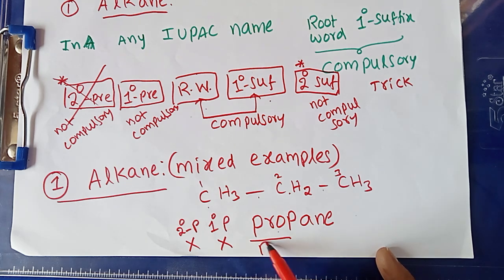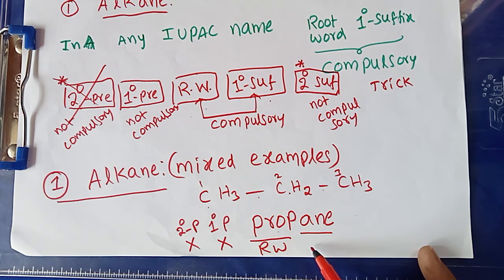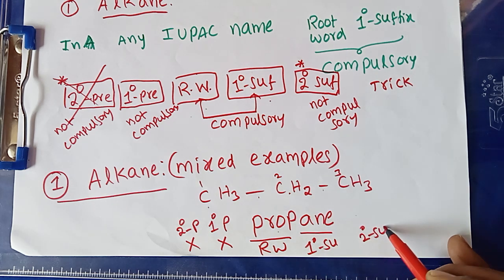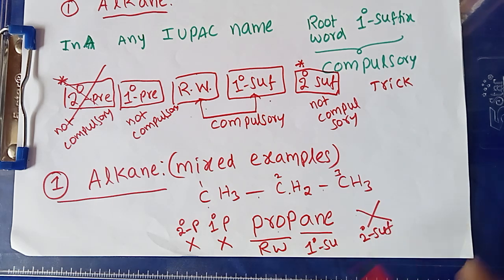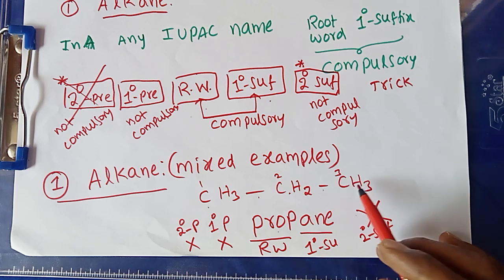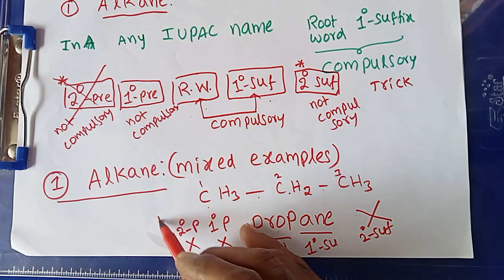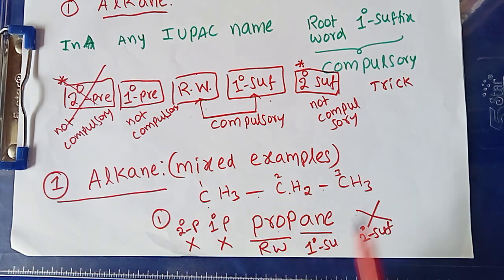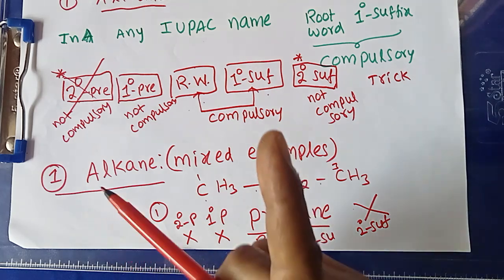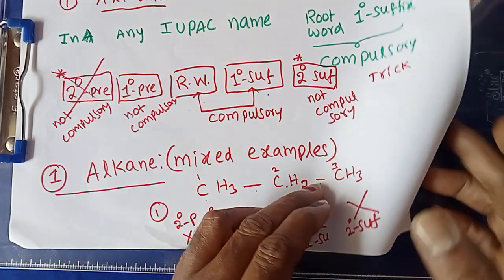Prop is the root word, ane is the primary suffix, and secondary suffix is not present because there is no main functional group. This is example 1. This is the way to practice IUPAC names. Only one example completed. Next, see another example.